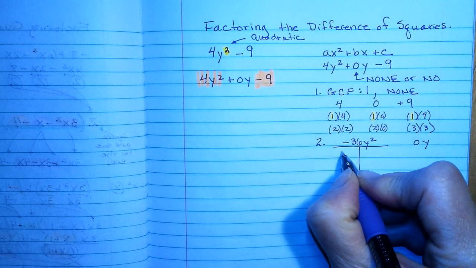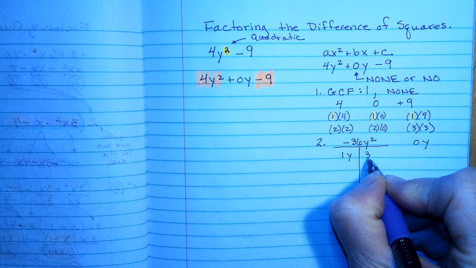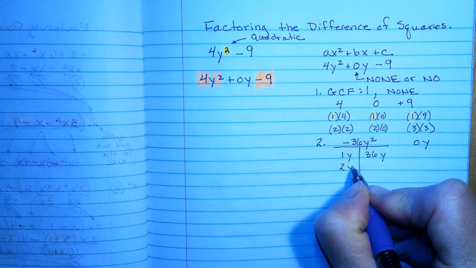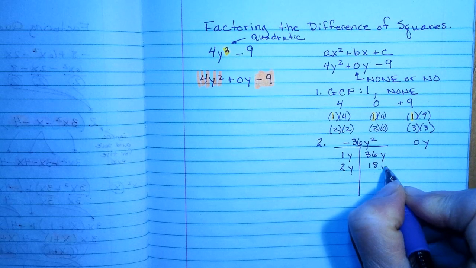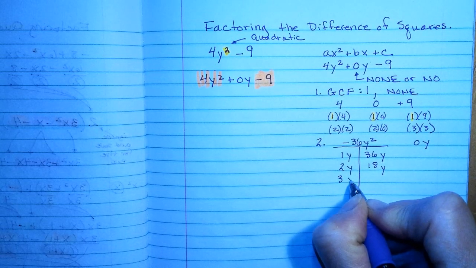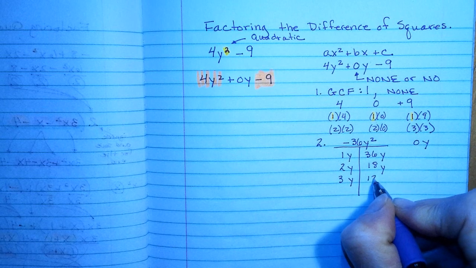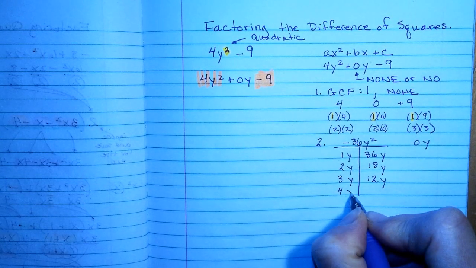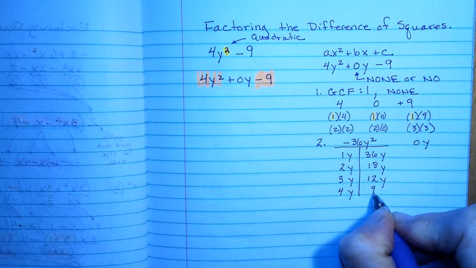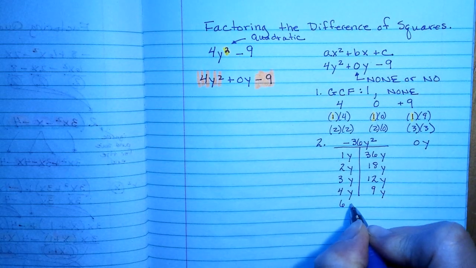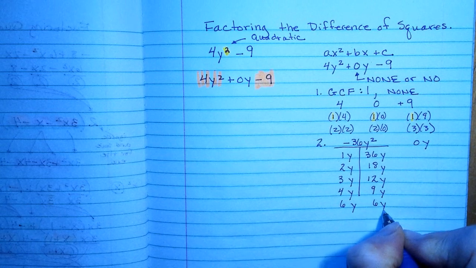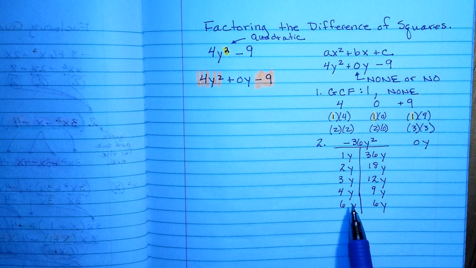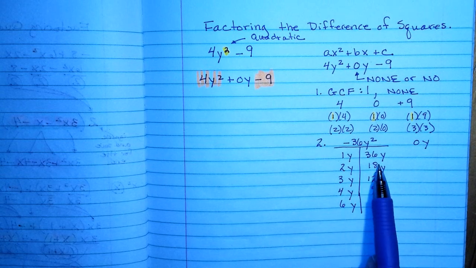So I know this is going to be 1y times 36y, 2y times 18y, 3y times 12y, 4y times 9y, 6y times 6y. Okay, so those are all my factors, but they're multiplying up to positive.